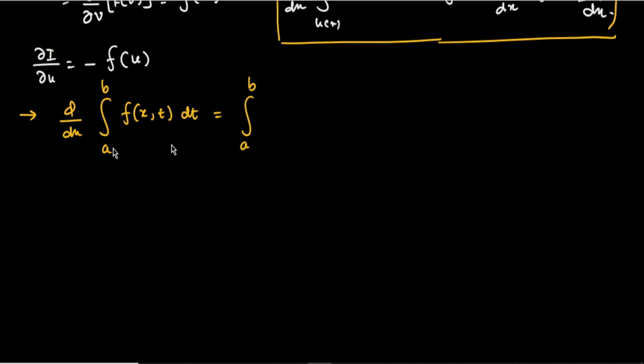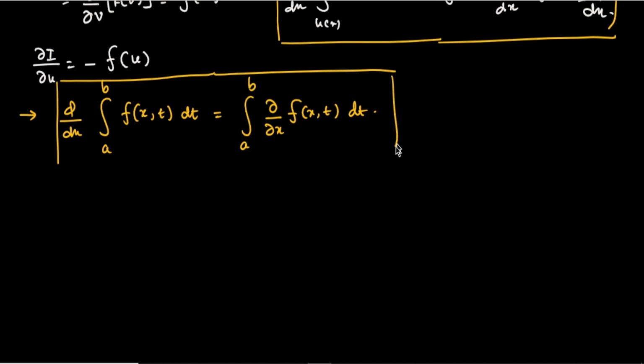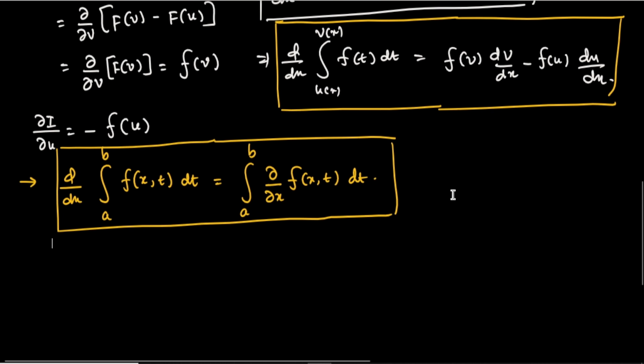The differentiation with respect to x will change into the partial differentiation del by del x of f of x comma t, dt. This is an important result.